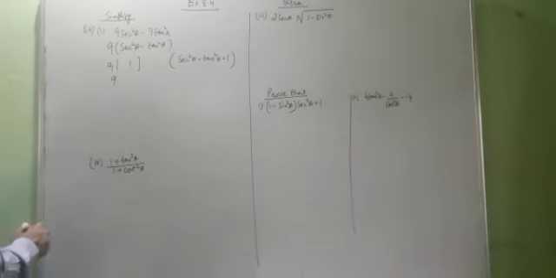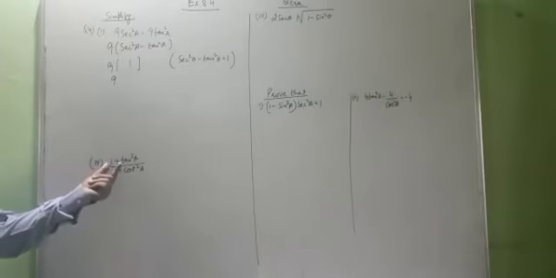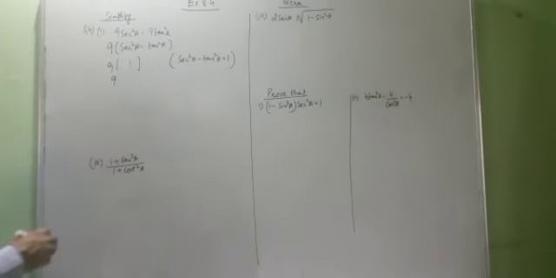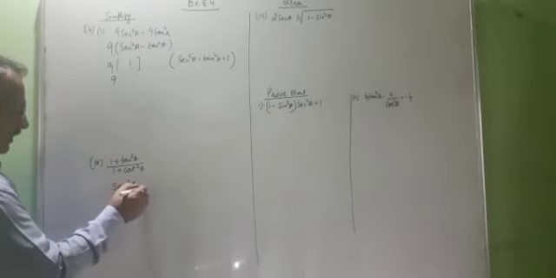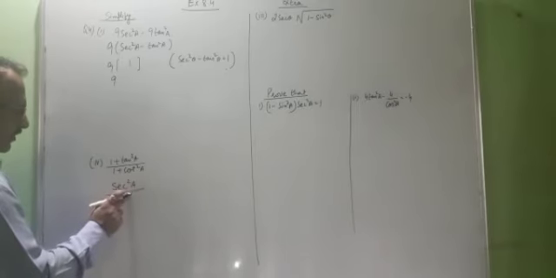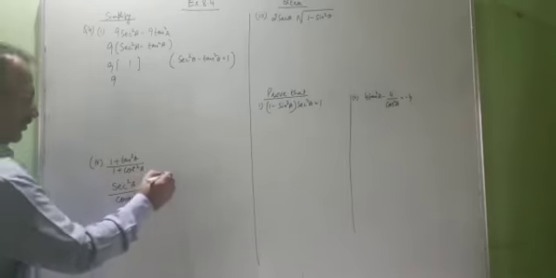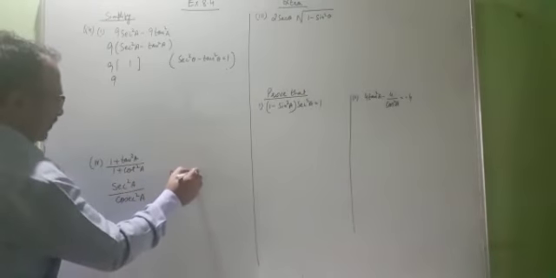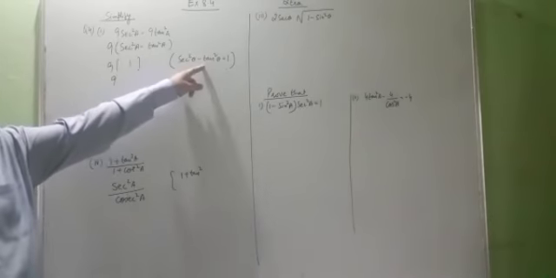Similarly, you can come to the fourth part. Look at the numerator, 1 plus tan square. The formula is not in the standard form, it is in another form. 1 plus tan square A can be written as secant square A, and 1 plus cot square is known as cosec square A. The formula is the same, secant square minus tan square A, but it is not used in this format.